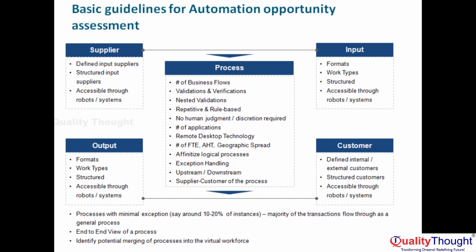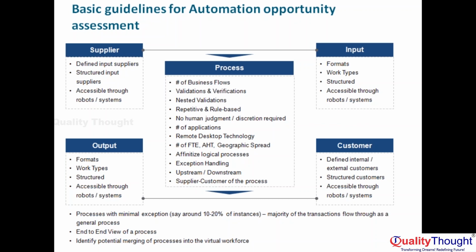Volume of the employees working on the process: FTE, number of employees. How many employees are currently deployed in that process? Second, AHT. How much time are they taking now? Average handling time. Let's say 10 SAP engineers are doing monitoring of the jobs. How much time are they taking? So daily 9 hours, they do the monitoring job for 9 hours.